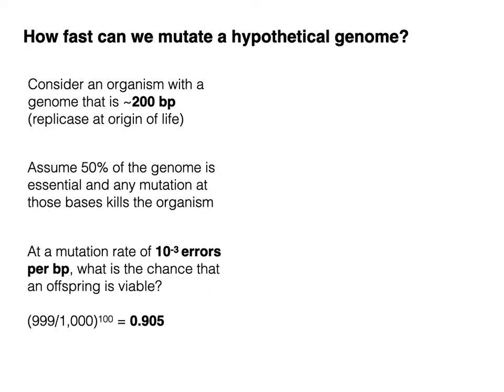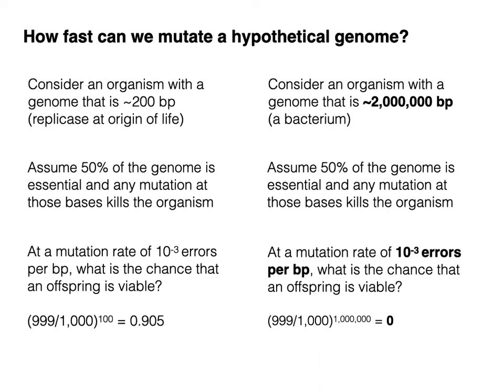Well, to be viable, the organism has to copy its 100 essential base pairs correctly. The accuracy of copying one base is 999 over 1,000, which is 1 minus the error rate. So doing that 100 times means that we have to take 999 over 1,000 to the 100th power, giving us 0.905. So that's a reasonable chance of producing a viable offspring.